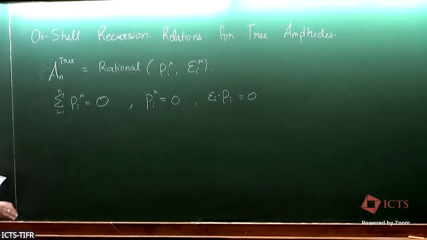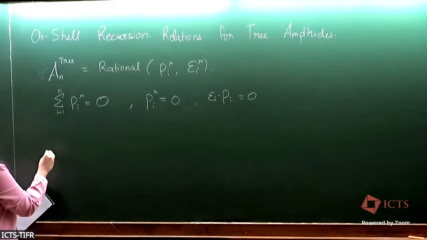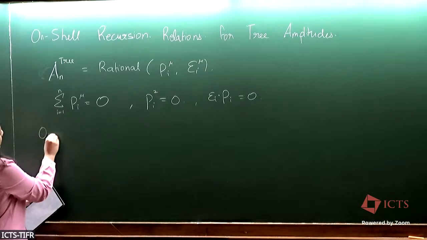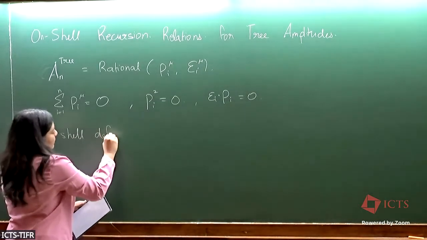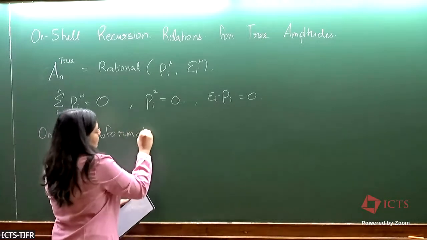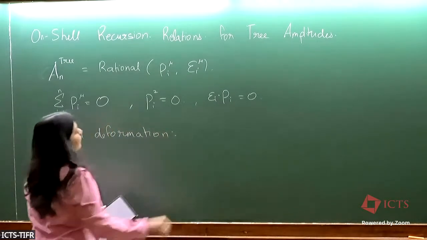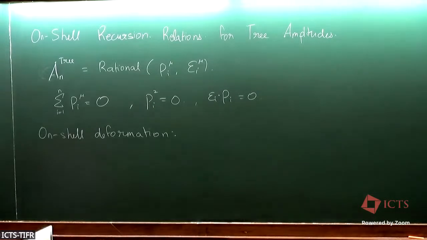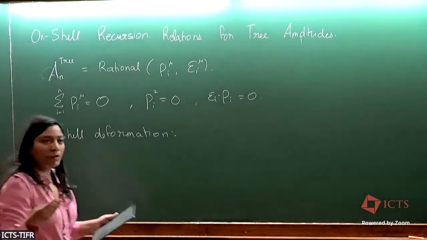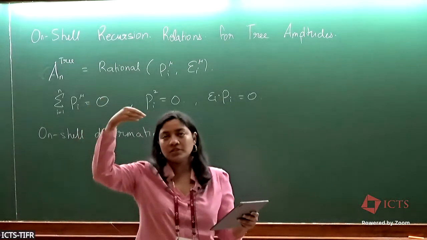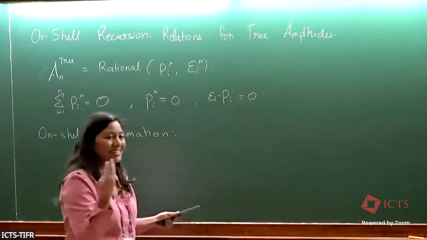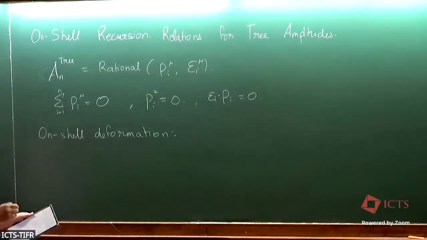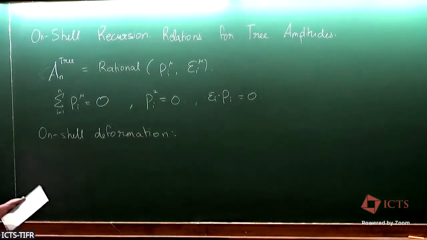Okay? Good. So the first step to writing down any kind of recursion relation is doing an on-shell deformation. I should say that by recursion relation, what I mean here is that I want to be able to build higher multiplicity and higher helicity numbers from lower multiplicity and lower helicity numbers.